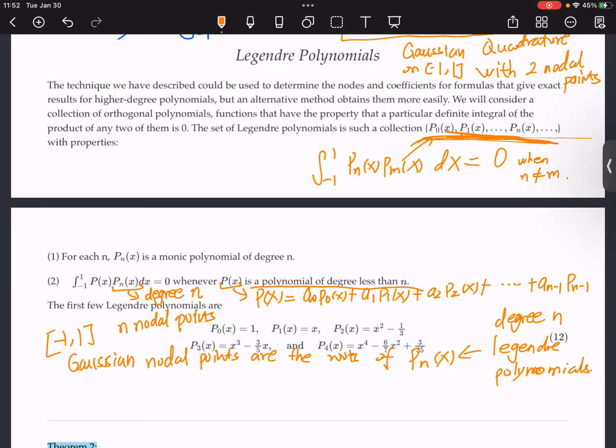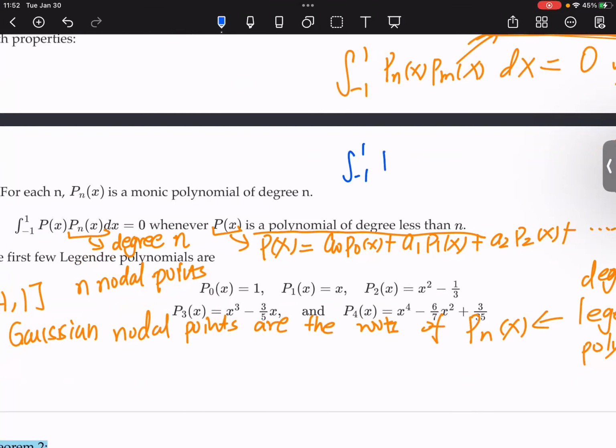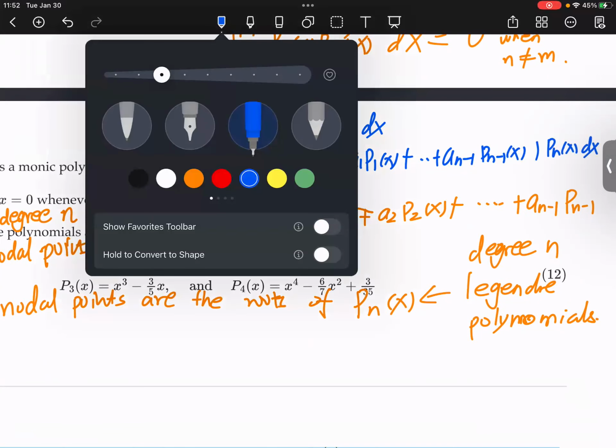And as we have such things from the Legendre polynomial property, if we are calculating the integral from -1 to 1 of P(x) times Pn(x), what do we have? We are going to do the integral of a0 P0(x) and all the way to an-1 Pn-1(x), times Pn(x).